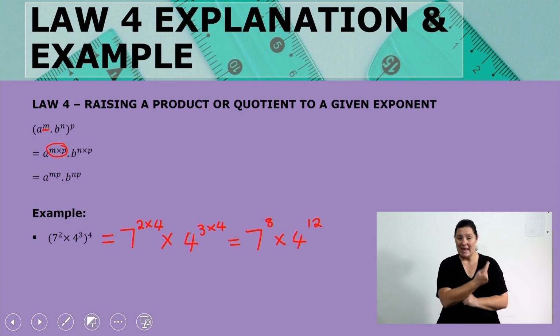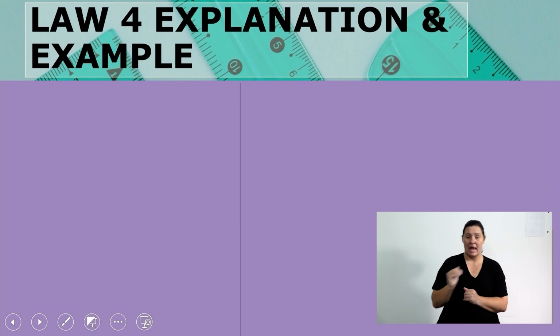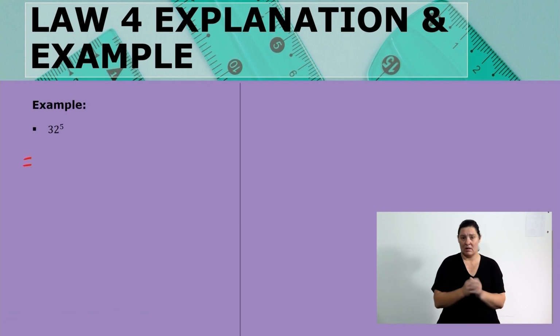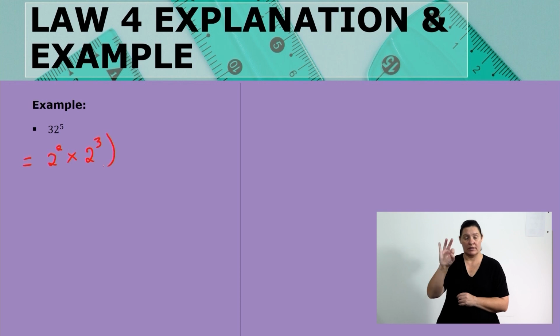So each of those factors are going to get that exponent. Let's look at an example here. Now, if I have 32, we know that 32 can be written as 2 to the power of 2 multiplied by 2 to the power of 3, and that is raised to the exponent 5.